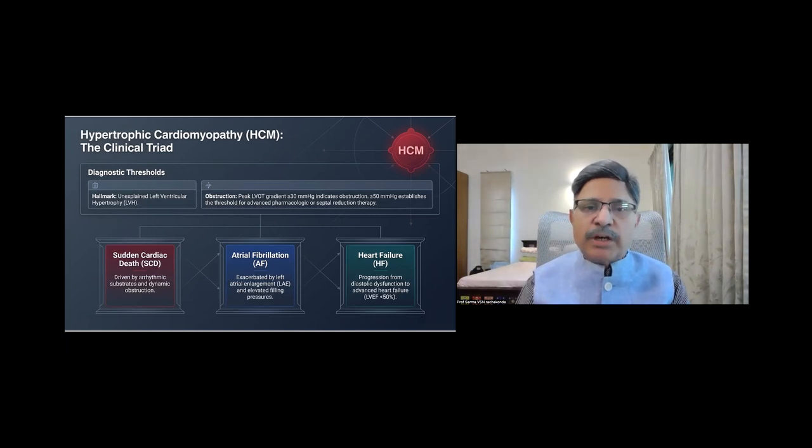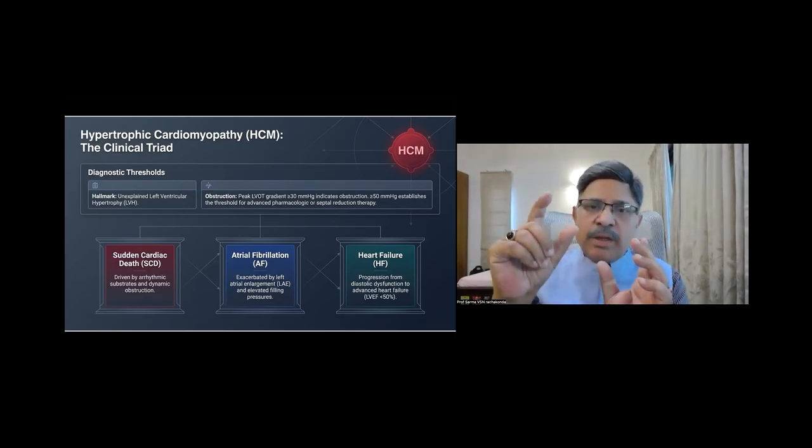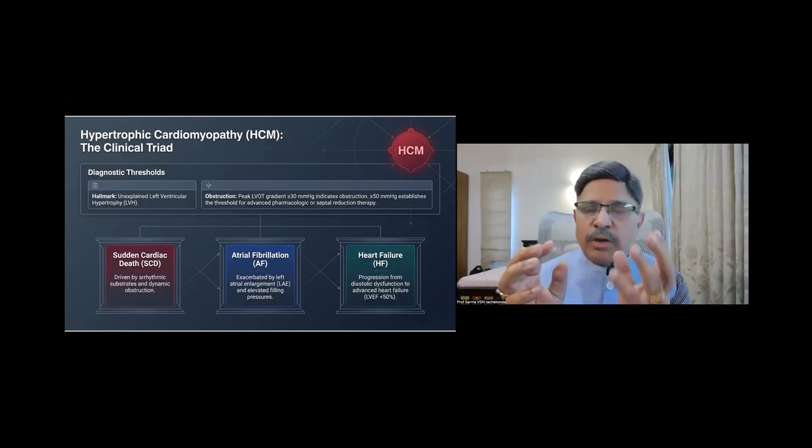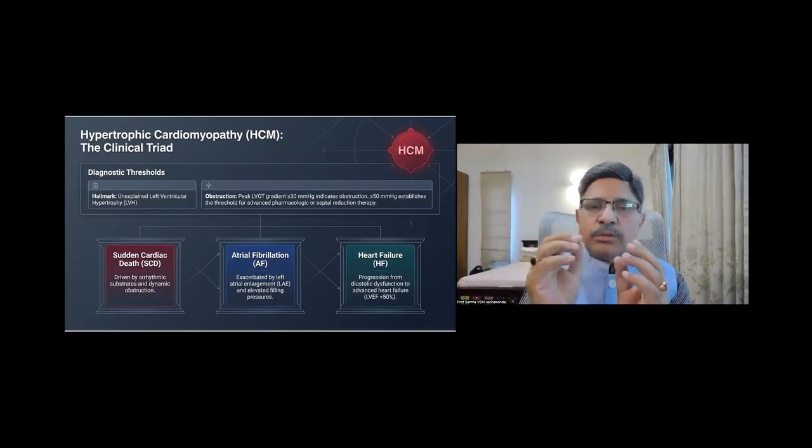Then obstruction: peak LVOT gradient, that is the left ventricular outflow tract gradient. What is the gradient? Left ventricular pressure versus aortic pressure. The pressure in the aorta and the pressure in the left ventricle should almost be the same if there is no obstruction. Let's say left ventricular pressure 120, aortic pressure also 120.